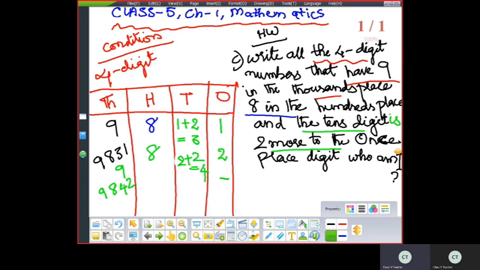Yes. Now take 3 and find out. 2 plus 3, 5, 8, 9. So what is the number I got here? 9853. Yes. So like this, find out so many numbers, how many you get.